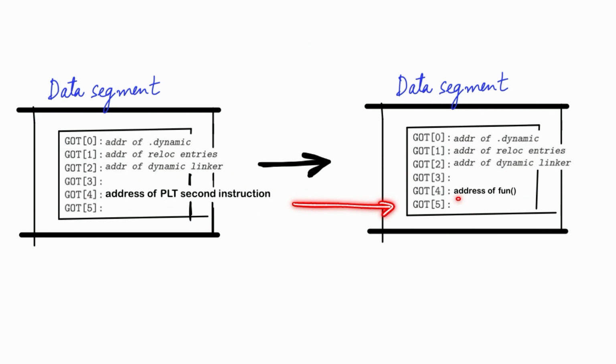Keep in mind an essential aspect of the dynamic linker's functionality. Once it resolves an external function or a call, it updates the address entry for that function in the GOT table. It directs it directly to the actual memory location of the function, and this saves the dynamic linker from resolving the same function again for future calls.